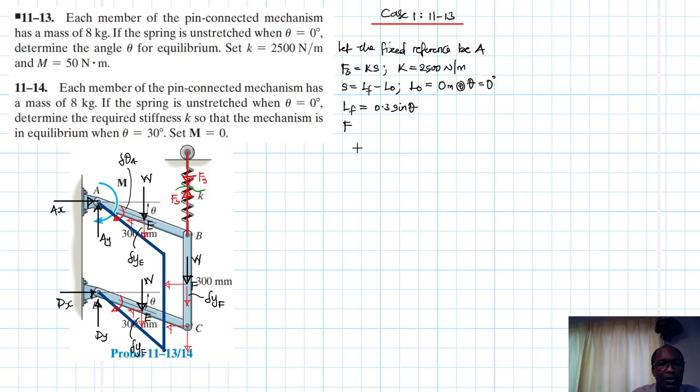So then the spring force is equal to 2500 times L final, which is 0.3 sine theta, minus 0. What is this? That's 2500 by 0.3, which gives us 750 sine theta.